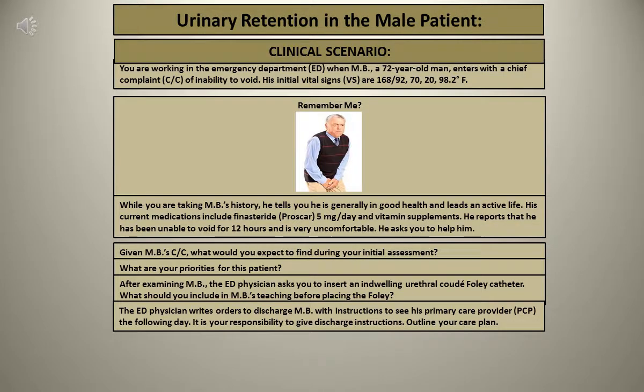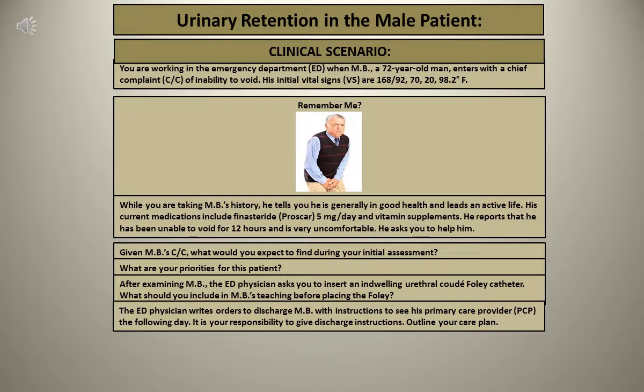With all that being said, let's look at a clinical scenario. You're working in the emergency department when MB, a 72-year-old man, enters with the chief complaint of inability to void. His initial vital signs are blood pressure 168/92, heart rate 70, respirations 20, and temperature 98.2 degrees Fahrenheit.